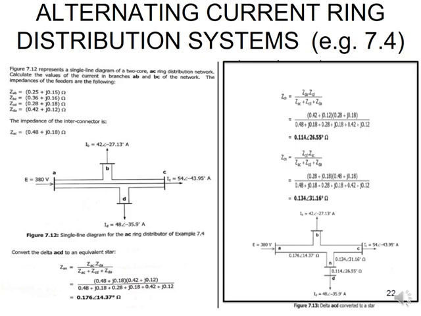So the first thing that they do, now that you've got this scenario with the interconnector in it, is look at the system and change your delta to a star, and you choose again where you want to change.